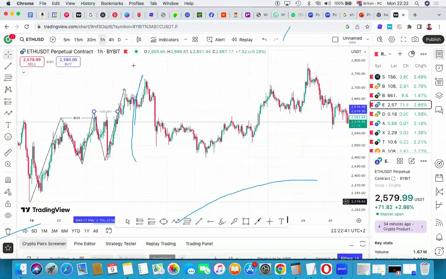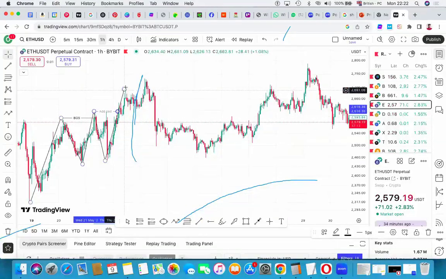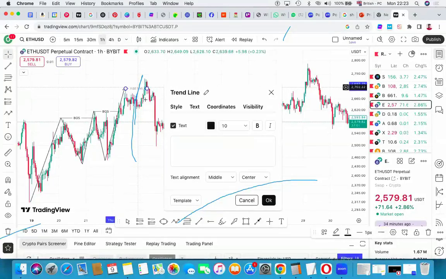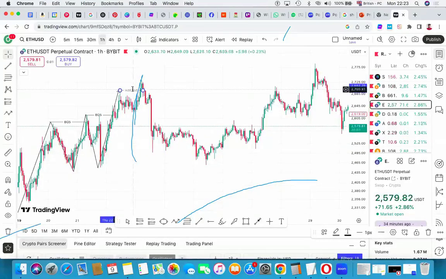BOS, and we have these as well. And we have this even with multiple attempts. Market was still ranging around here.